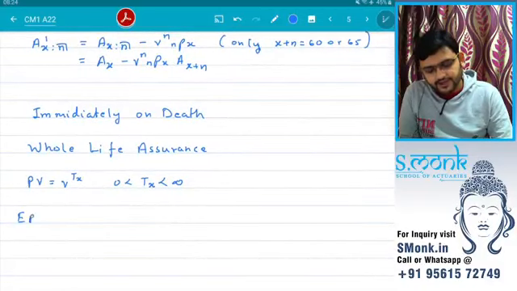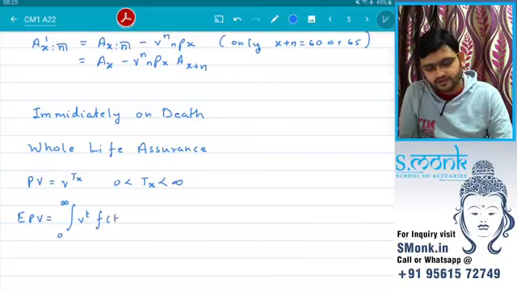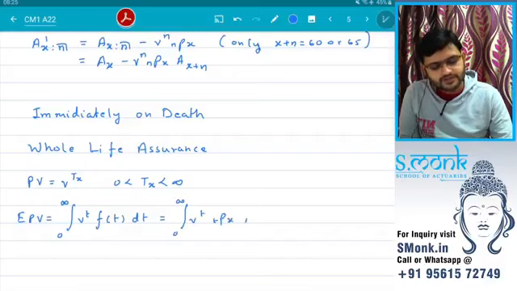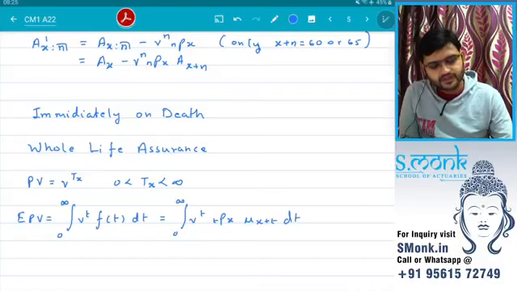Our expected present value, we will take it in terms of integration going from 0 to infinity. We'll have v raised to t, and then we'll take f of t dt. That gives us integration 0 to infinity of v raised to t, tpx mu x plus t dt. This again we learned in chapter 15. This we will write as A bar x.